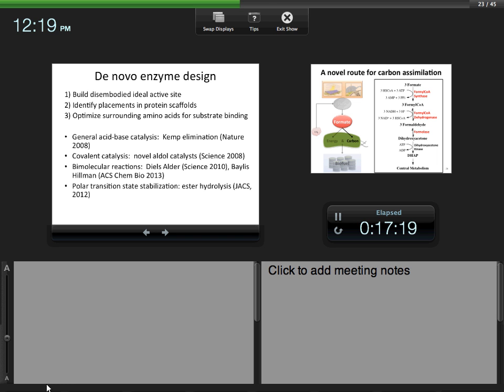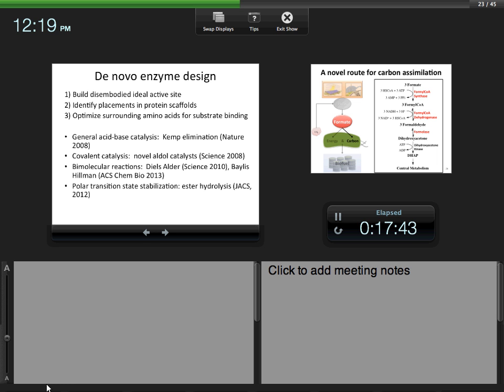Increasingly now, we're building the scaffolds up from scratch, and then we optimize the surrounding amino acids for substrate binding. So this is one of those glass half empty, half full kind of situations. On the bright side, we've been able to make catalysts for a number of different chemical reactions, which are shown here. I'll get to the not so bright side in just a bit.